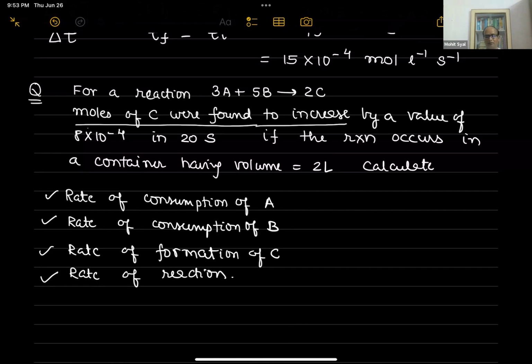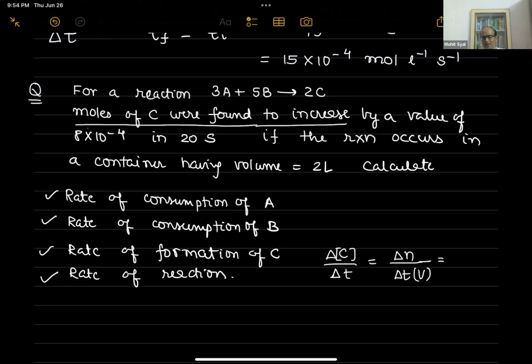So tell me, now you are having the rate of change of concentration by the time interval. Change in concentration is the change in moles, the moles of C. Delta n by delta t, and moles can be converted into concentration by dividing by volume, right?